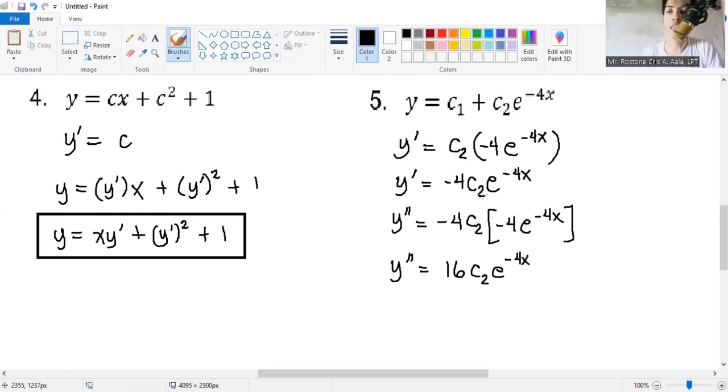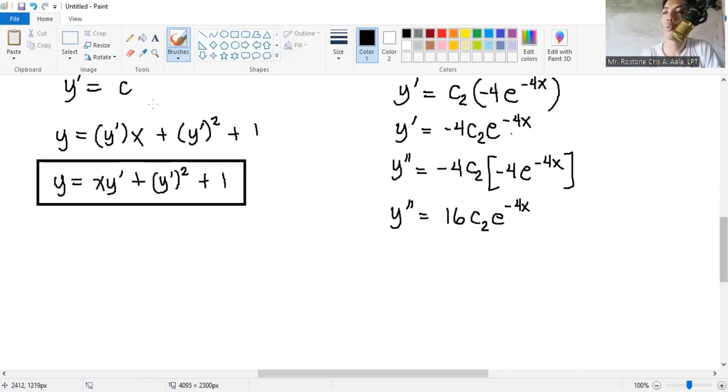Our goal here is to eliminate the c sub 2 kasi yun na lang talaga yung ating natitirang constant. Now, we will assign equation 1 and equation 2 for us to eliminate the c sub 2, and we will use the elimination method.